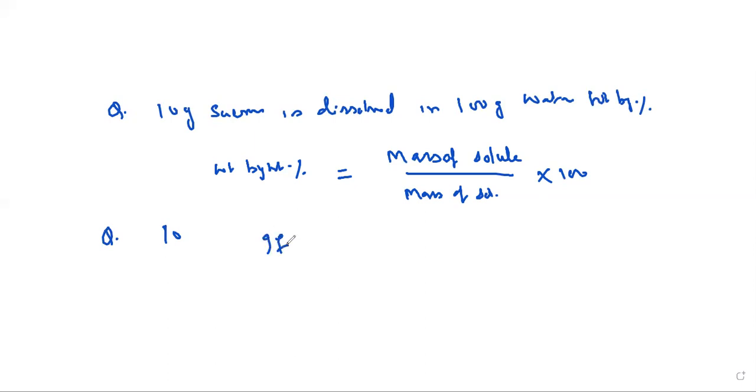Find weight by weight percent if the density of the solution is 1.2 gram per milliliter.